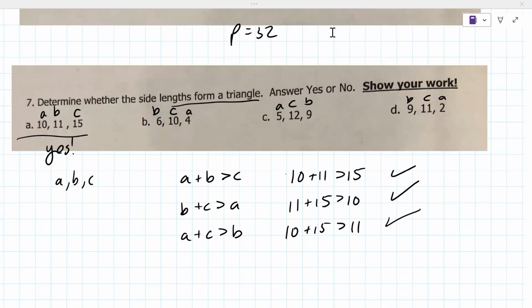What are you finding out for B? Does it work for all of them, I guess is the question? No. So no, it does not work. Okay.